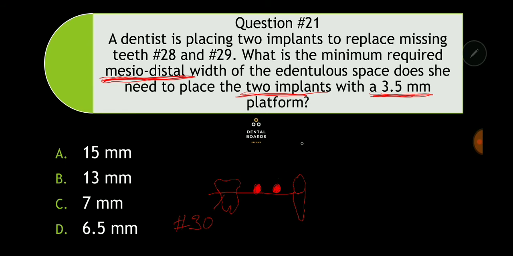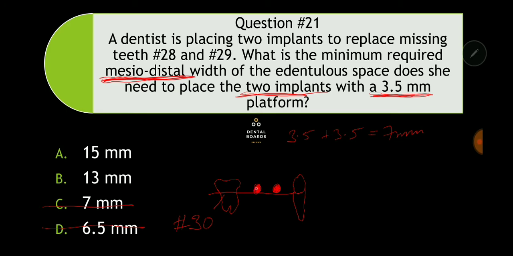Each implant is 3.5, so if we are going to put 2, 3.5 plus 3.5 gives us 7 millimeters just for the implants themselves. That means these answers which are 7 millimeters are out, because we're already at 7 millimeters now.